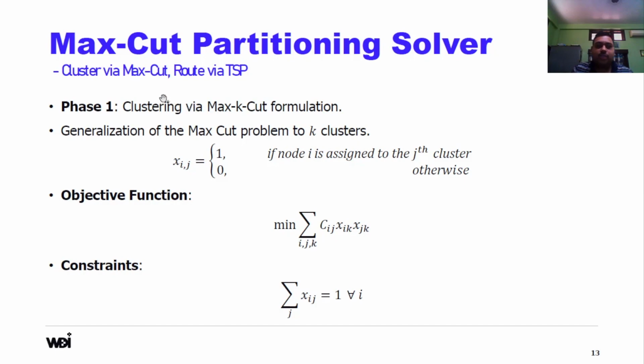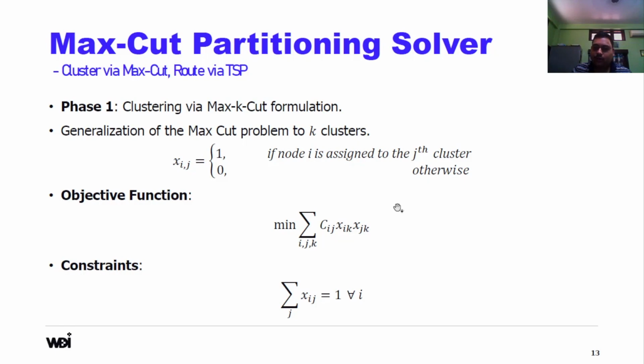So here is the first phase of the max-cut partitioning solver, essentially the clustering phase. To cluster using a quantum computer, we will again need to formulate the clustering problem as a QUBO problem, and this is done on this slide. We have a set of binary variables x_ij, which indicate which node is assigned to which cluster. x_ij is designated to be 1 if and only if the ith node is assigned to the jth cluster.